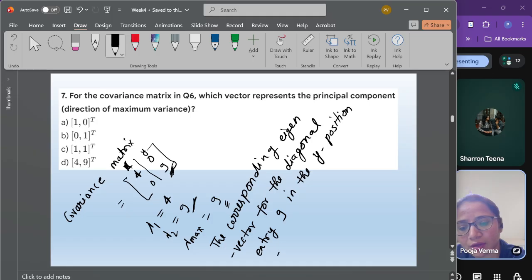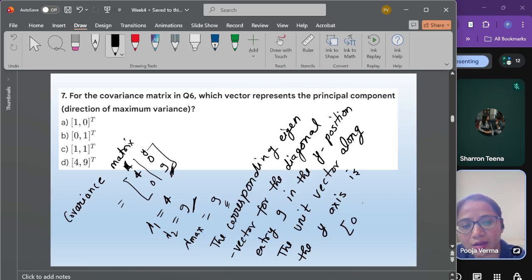So the unit vector along the y axis is 0 1 transpose. If it is in the x position, then 1 0 transpose will be there.